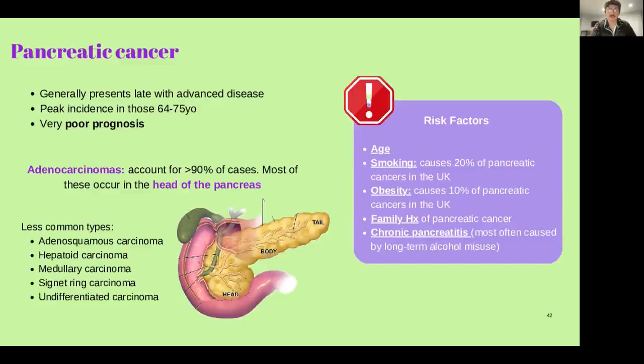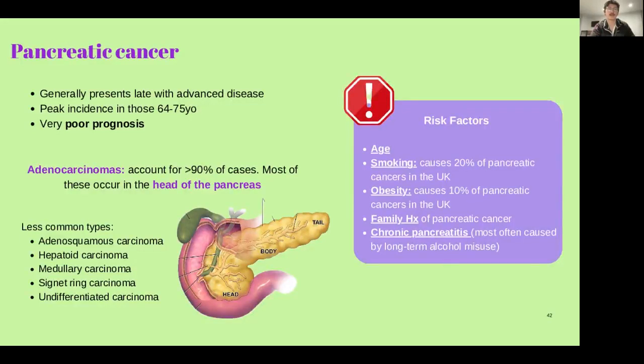So pancreatic cancer generally presents quite advanced, quite late, and has a poor prognosis. Risk factors for developing it: age, so the older you get, smoking, obesity, family history, and also chronic pancreatitis, which can be caused by long-term alcohol misuse.